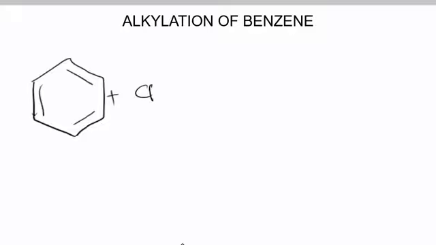So if I have my benzene, this reacts with methyl X over here, where the catalyst is a Lewis acid and X is a halogen.